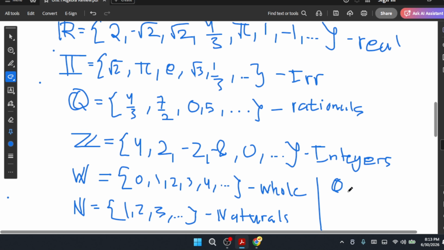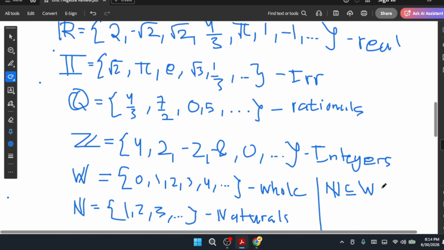So naturals is a subset, okay. A subset means there exists a portion of the numbers inside of, let's say, A subset B. So if B has 1, 2, 3, and A has 1, then A is a subset of B. And the natural numbers are a subset of W, which is the whole numbers.